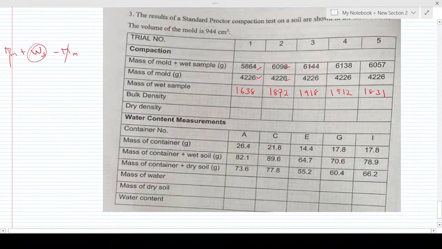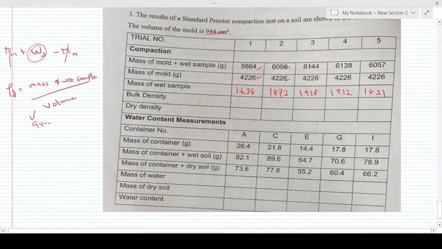Now we have to find bulk density. Bulk density is simply the mass of the wet sample over the volume. And the volume has already been given as 944 centimeter cube.